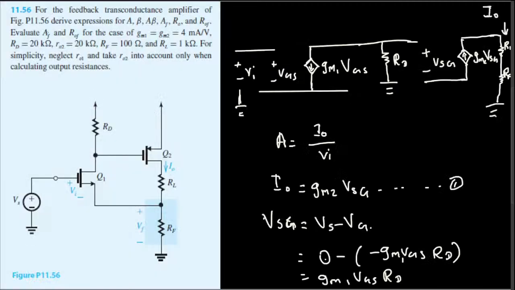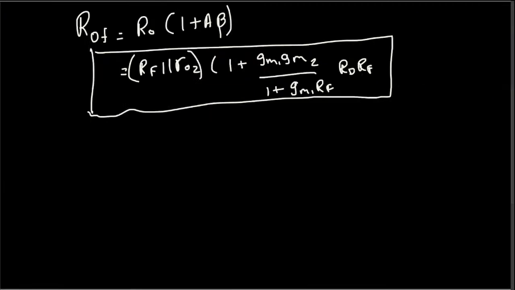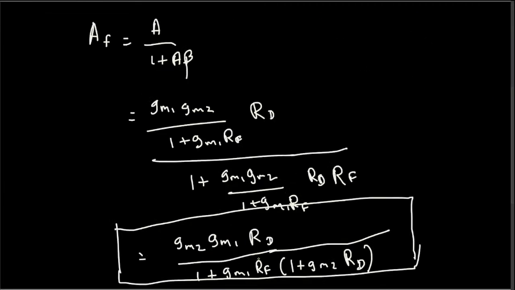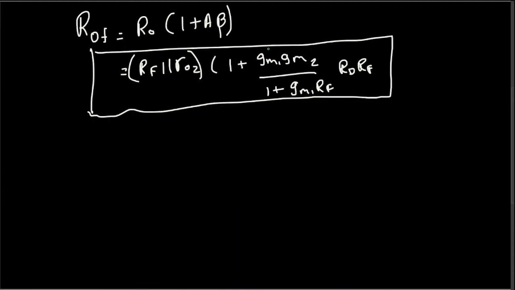And then they are asking to evaluate AF and ROF for these parameters. So they're asking us to find the AF and ROF values, and we have to use these parameters. Looking at the expression for AF, here we have the simplified formula, which is gm2 gm1 rd over 1 plus gm1 rf times 1 plus gm2 times rd. So let's bring this one again here, in a different color.